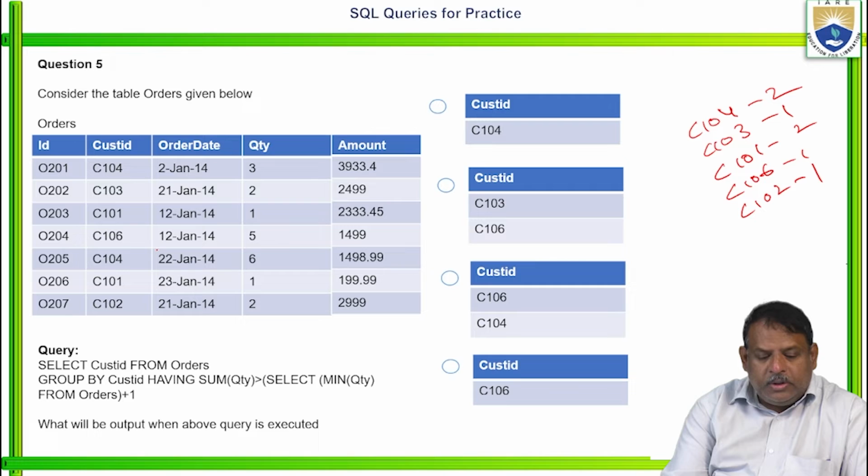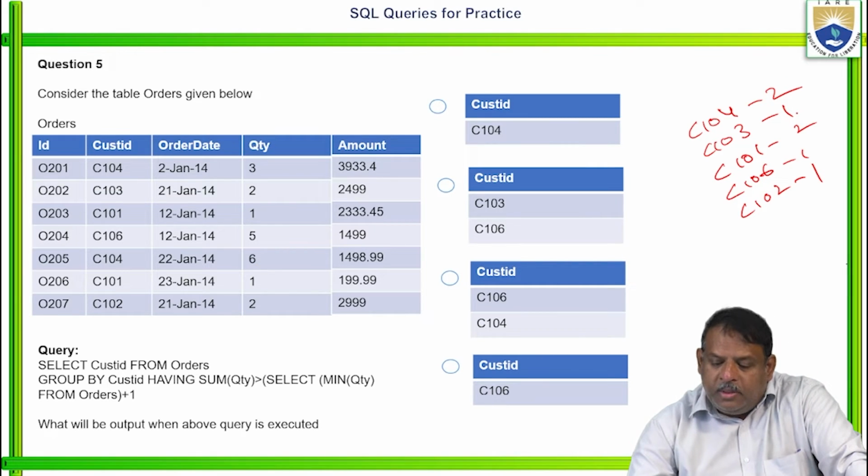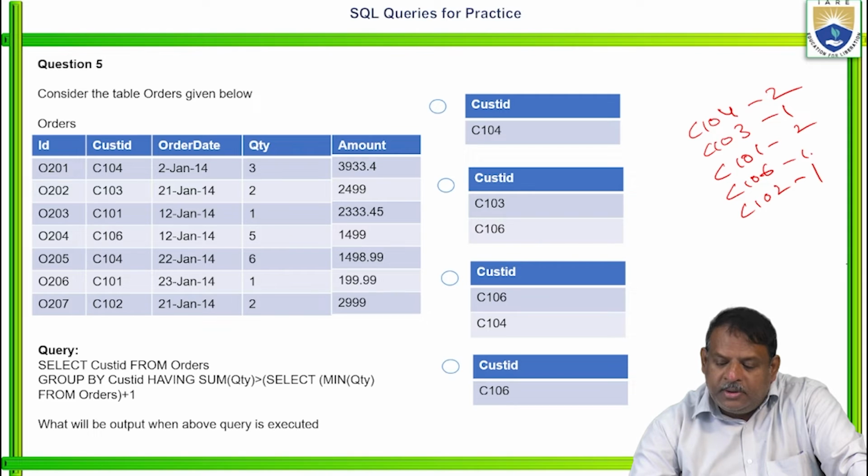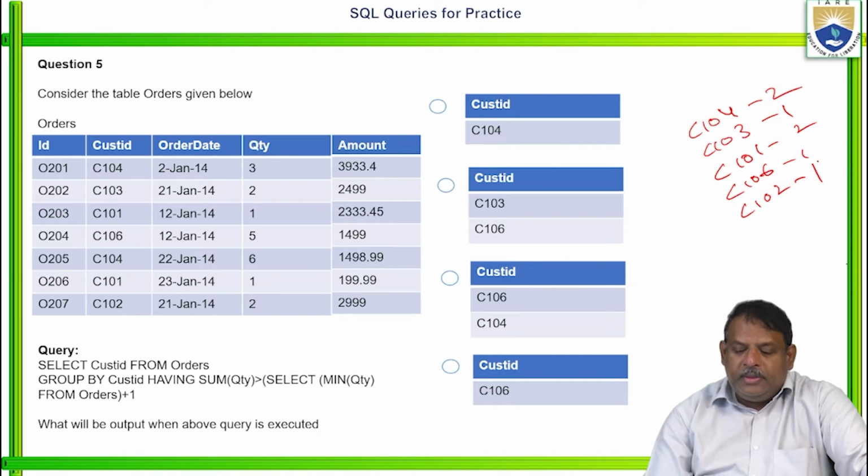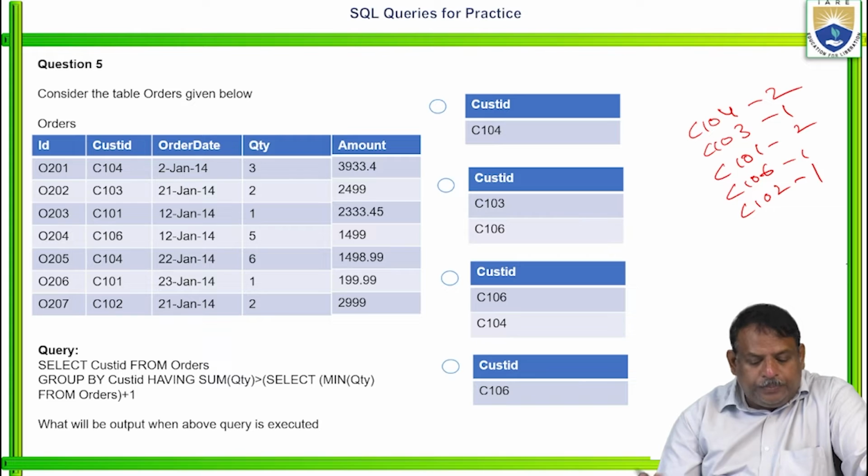C104, 2 records. 103, 1 record. 101, 2 records. 106, 1 record. C102, 1 record. Total how many records do you have? 7. So 2 plus 1, 3, 3 plus 2, 5, 5 plus 1, 6 plus 1, 7. Okay, this is the record count.